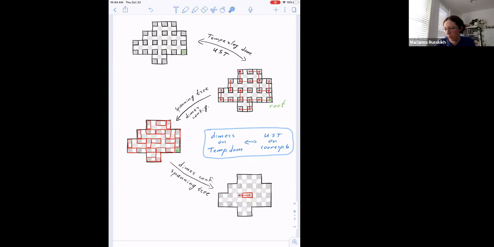You just start from a leaf, you consider the path from the leaf to a root, and you start drawing the corresponding dominoes along this path. Then you get some dominoes on part of the domain, and the rest of the domain can be tiled by dominoes only in one way. So this is defined uniquely. Anyway, there is a bijection between dimers on temperleyan domains and uniform spanning trees on corresponding graphs.